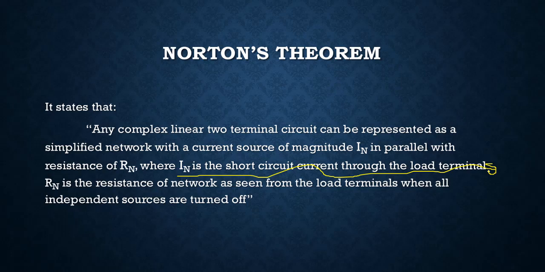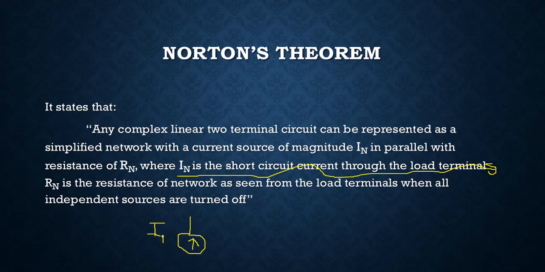The circuit solution is also the same. The only difference is that previously we used to open the load terminals, right? In this scenario, we have to short the load terminals and calculate the current through the shorted path, right? And then the simplified circuit will be in this form: we will have a current source of magnitude In. And what is In?